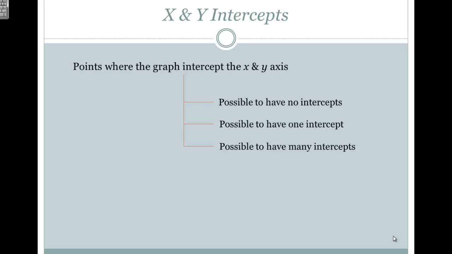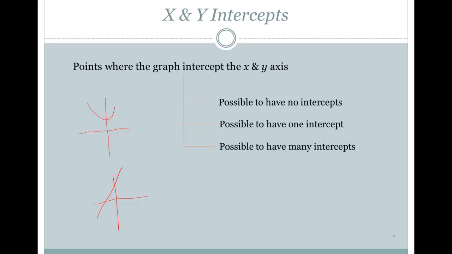Let me give you a couple quick diagrams here if I can draw this pretty well. Here would be an example of a situation where we would have only a y-intercept. I don't have an x-intercept, so I'd have no x-intercept and one y-intercept. I could have something down here where I have one of each, like a line.